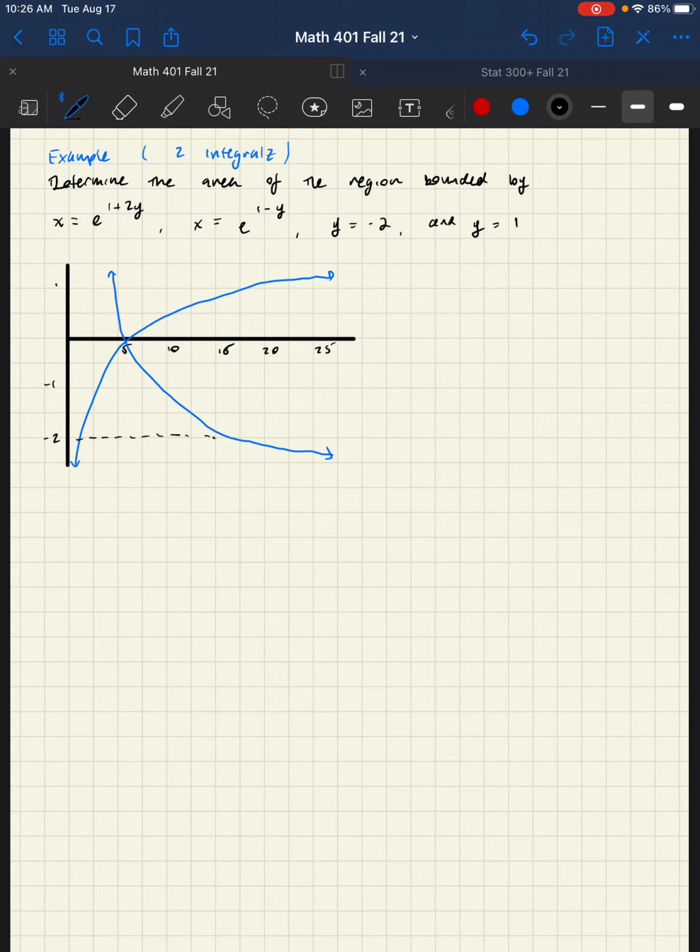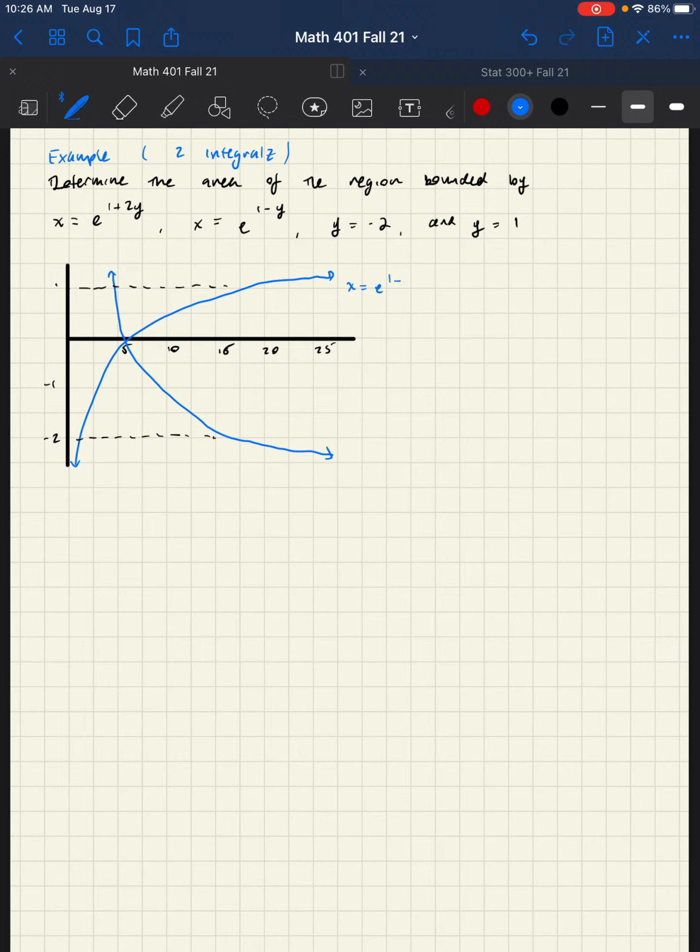All right, and because we're bounded between -2 and 1, we have our left and our right endpoint.